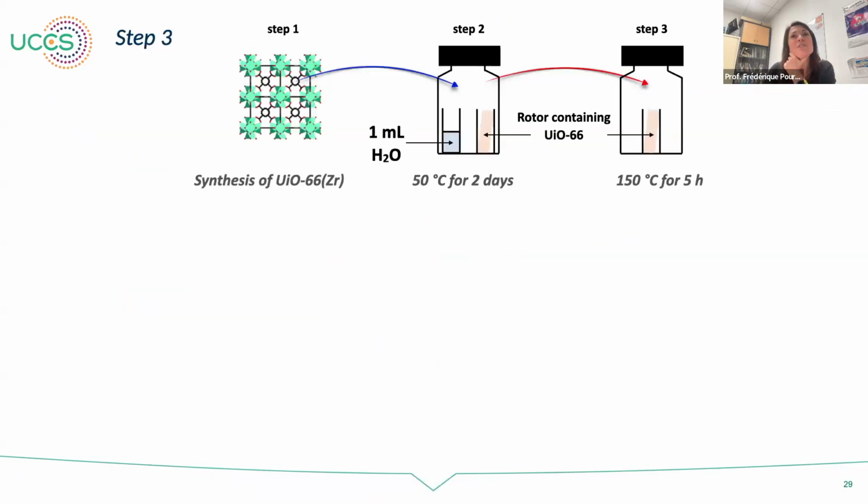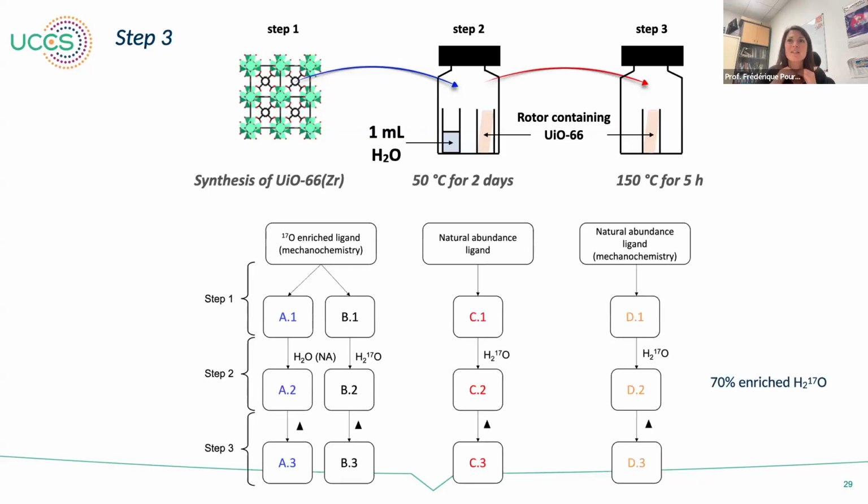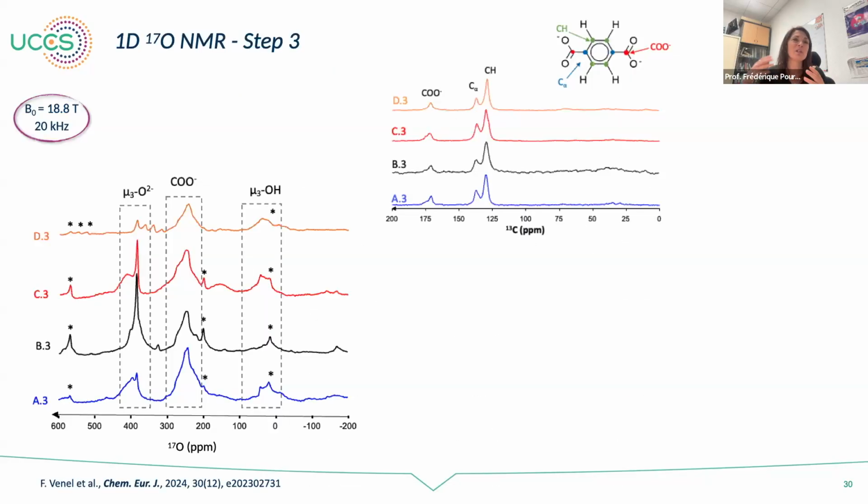And then for the third step, what we've done is we increased the temperature to 150 degrees C for 5 hours in order to remove the water that we introduced in the second step. This step is the same for all the samples, and the goal was then to observe the removal of the water signal.